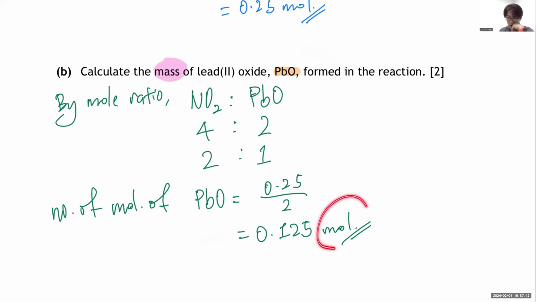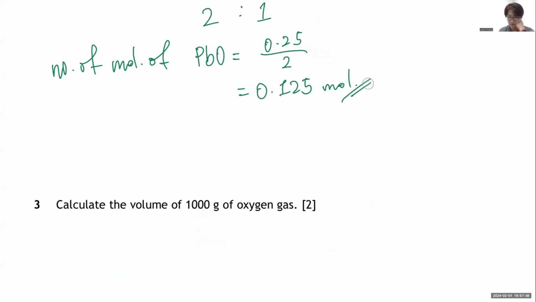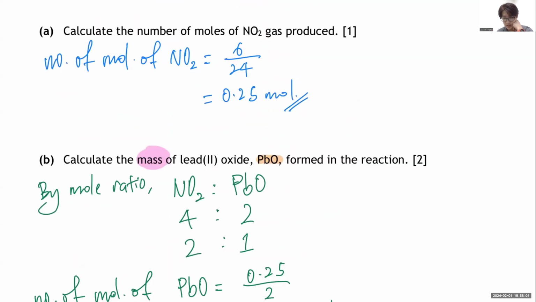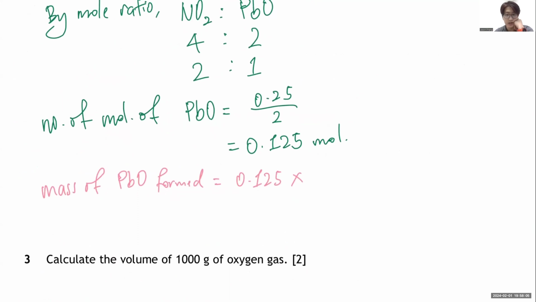So now I have moles, and I want to find mass. What do I need to do? Excellent. That is the Mr. That is 126.